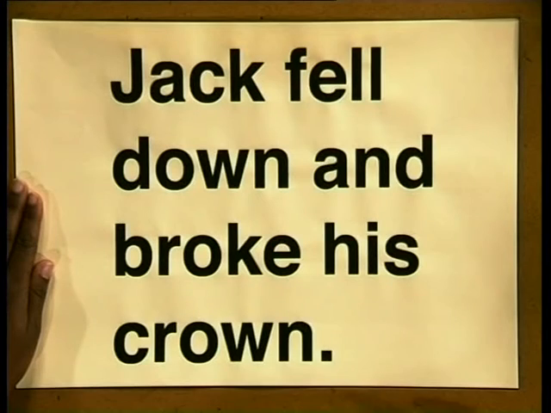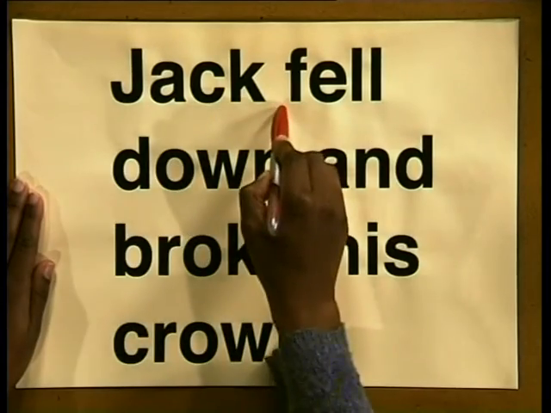To find out whether a sentence is a compound one or not, count the number of finite verbs in order to determine the number of main clauses. Have a look at the next sentence. Is it a compound sentence? Jack fell down and broke his crown. Here, the subject is Jack.